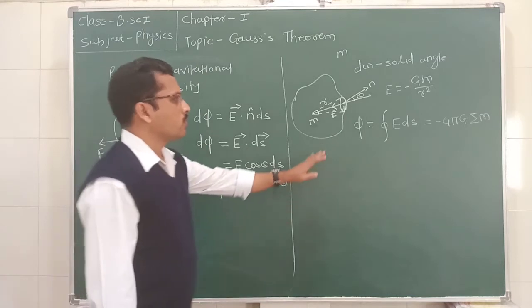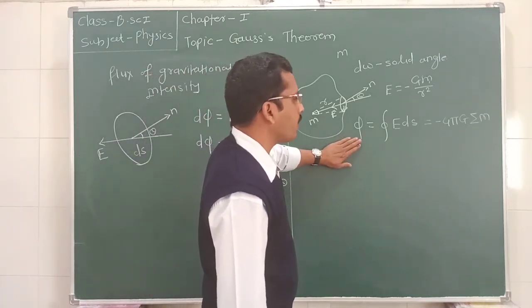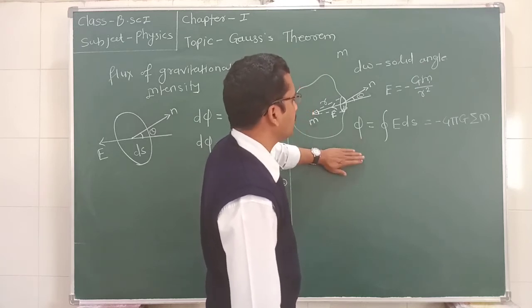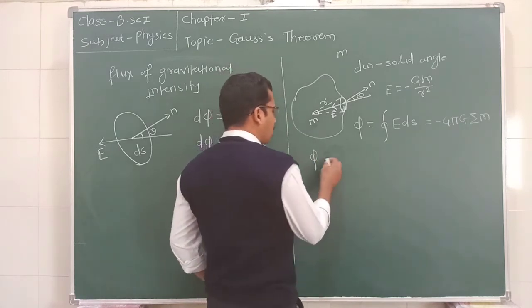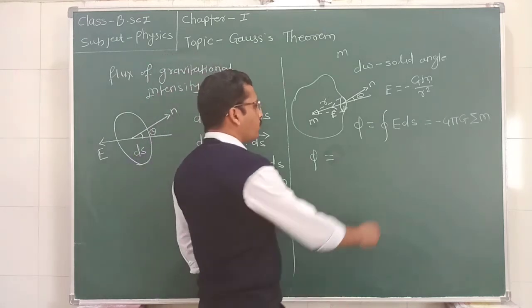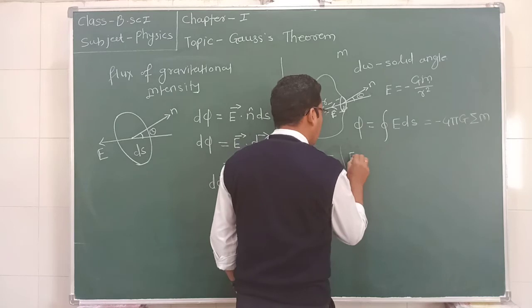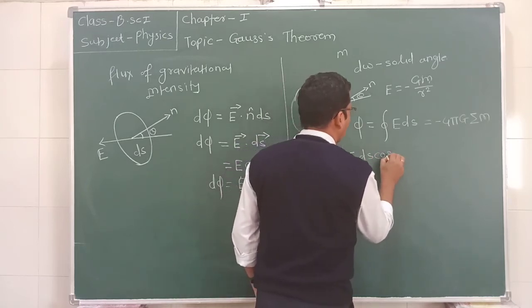Okay, so if we need to find the flux, how can we define this flux? The flux can be defined as phi equal to the integral of E dot ds. So what is E dot ds? We can write E ds cos theta.